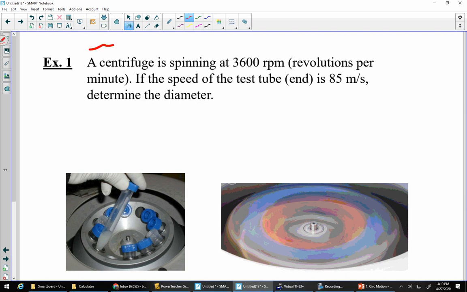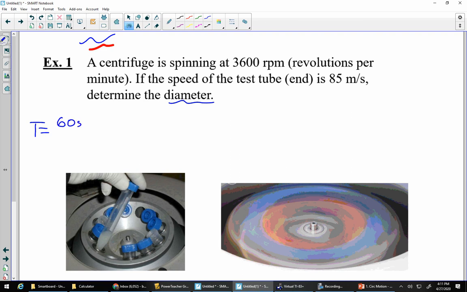Okay, and back to my other felt pen. Cool. So we've got a centrifuge spinning at 3,600 RPMs. If the speed of the test tube at the end is 85 meters per second, we want to determine the diameter. Cool. Okay, so let's go through. First thing is RPMs. I probably want to change that into period.